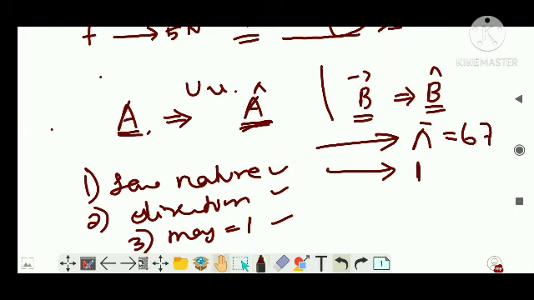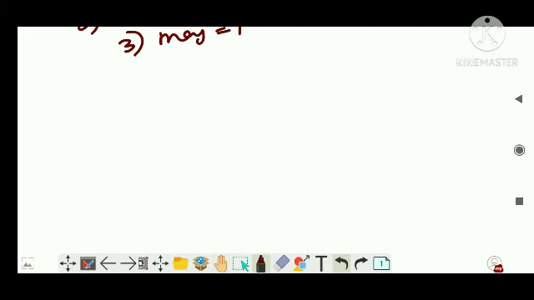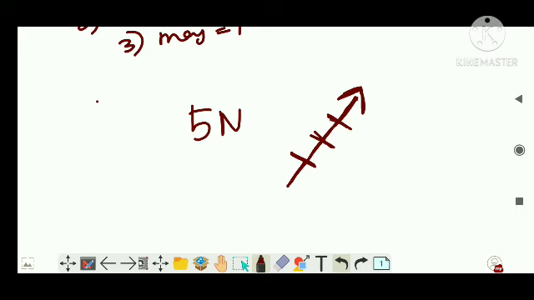This much clear? Now, suppose I have a force of 5 Newton, and I am drawing it like this. I can break this 5 Newton into points, 1, 2, 3, 4, 5.